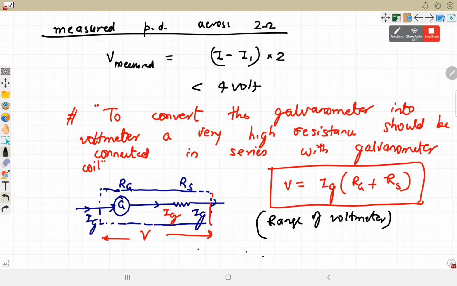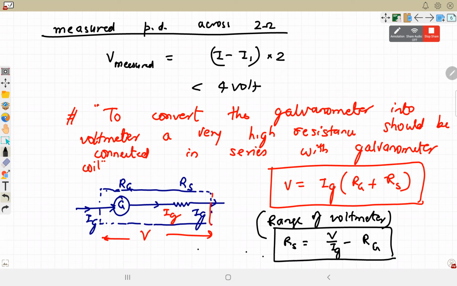And from this formula, we can also calculate the series resistance required to measure a voltage V. So RS from this formula will come out V by IG minus RG. The series resistance required to measure potential up to V.